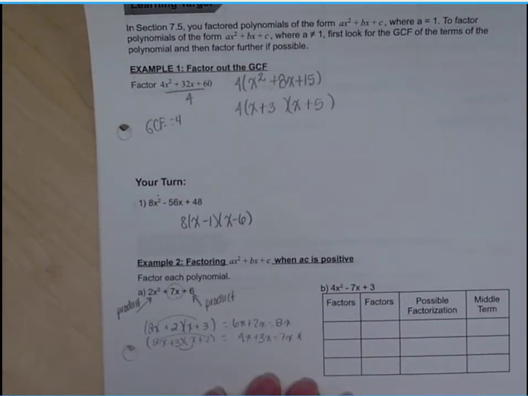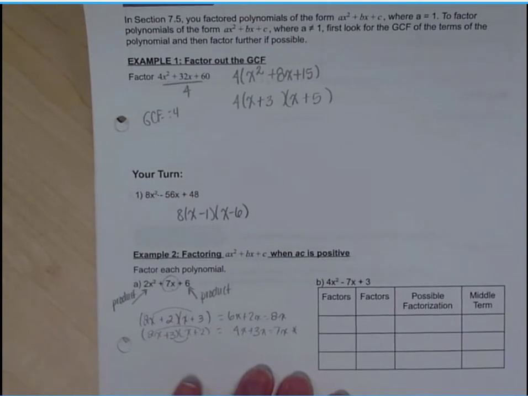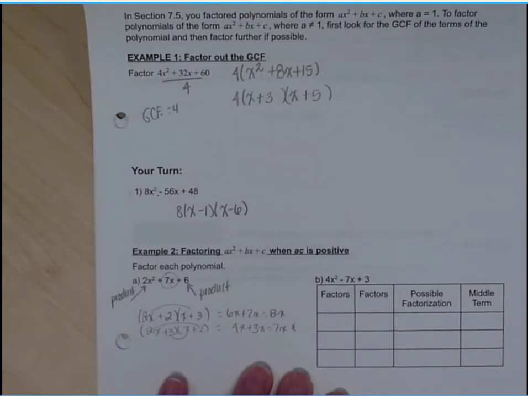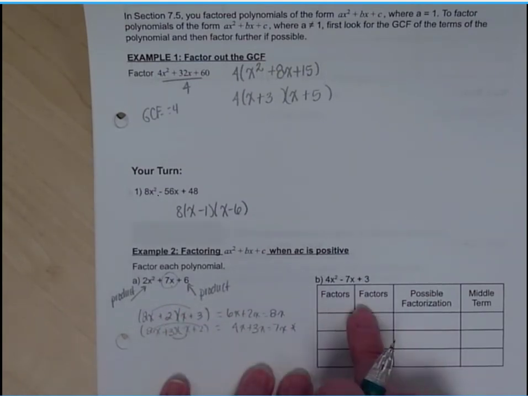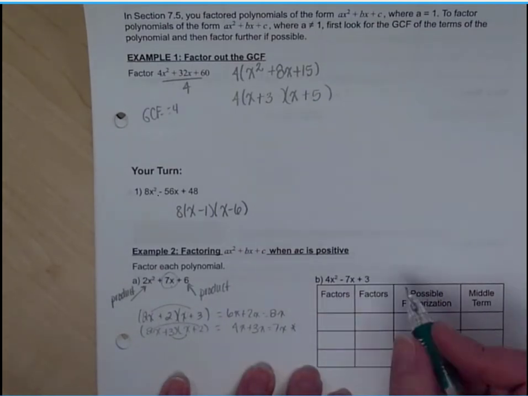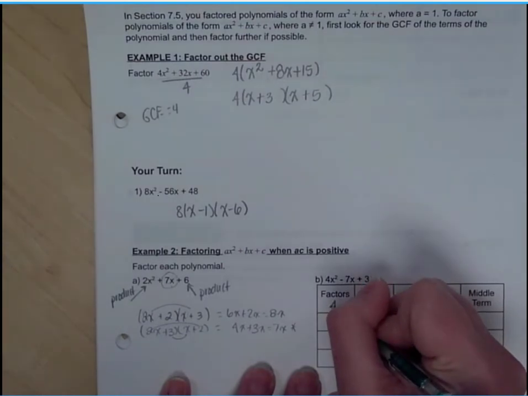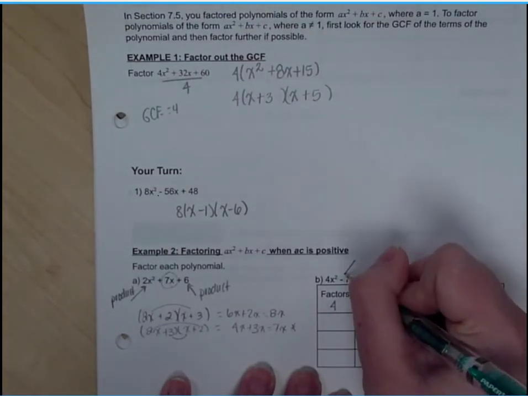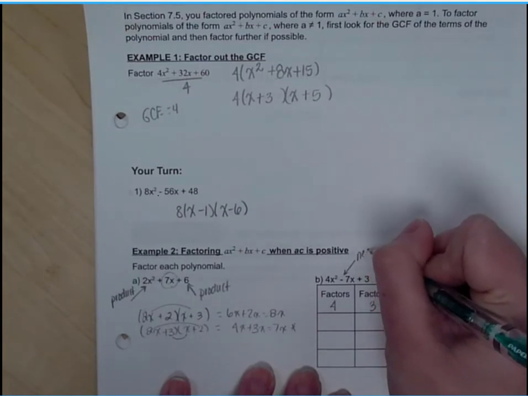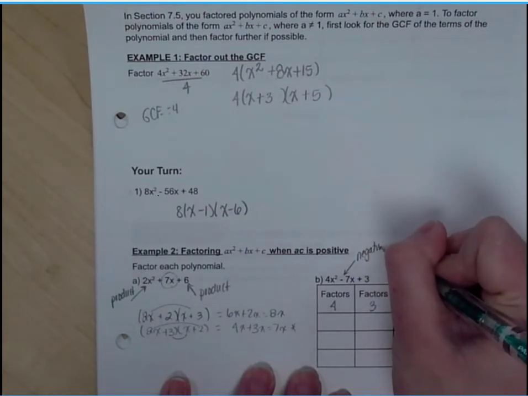Now, one of the ways I can do this is to come up with using this chart so that I don't have a lot of guess and check, because if this 2 and 3 didn't work, I could use 1 and 6. So what I'm going to do here is look for some patterns. I know that my first factor here is 4. My second factor here is 3. But I've got to watch out here because this is negative.